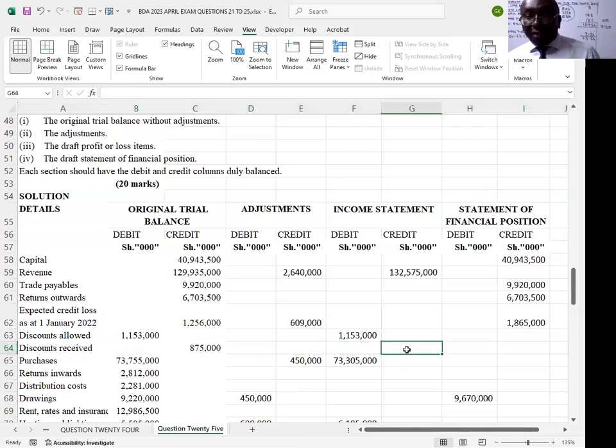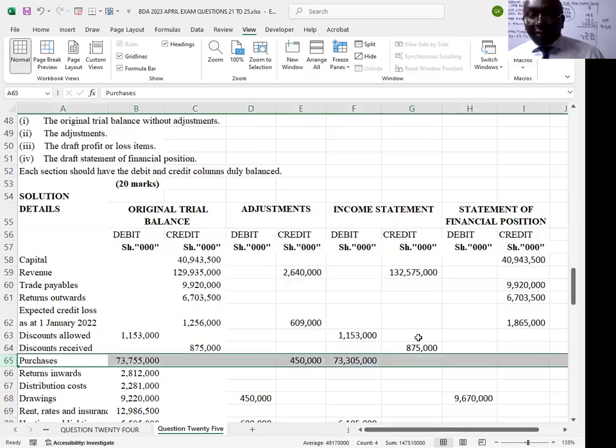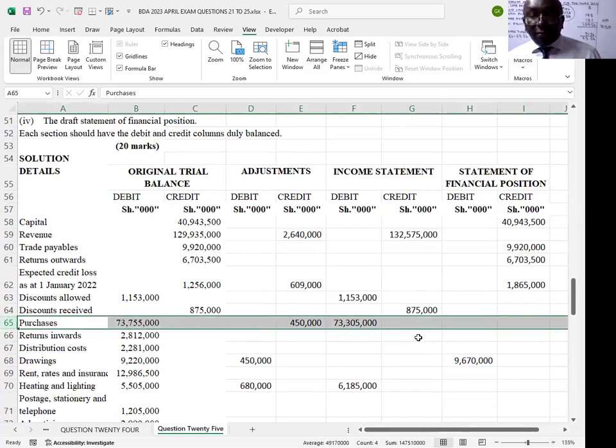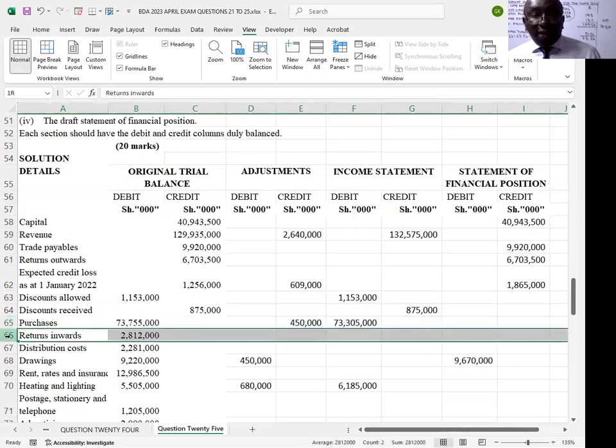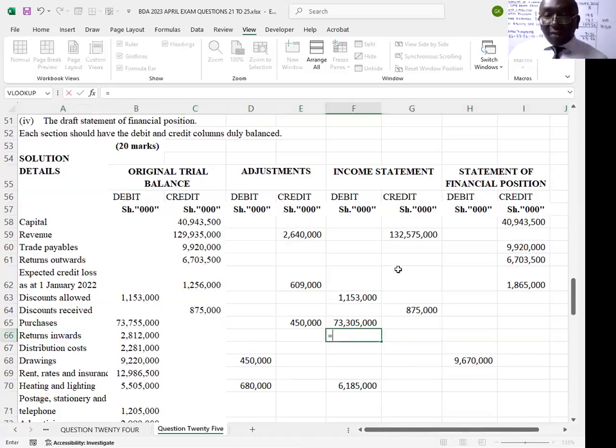It belongs to the income statement credit. Purchases. They had an adjustment and we put them where they belonged. Returns inwards. They serve to reduce the sales. No adjustments. So we debit them here. They should be on the opposite side of sales. These sales here. So they should be on the opposite.